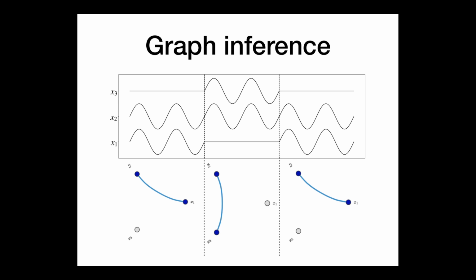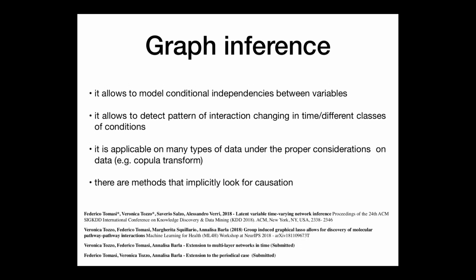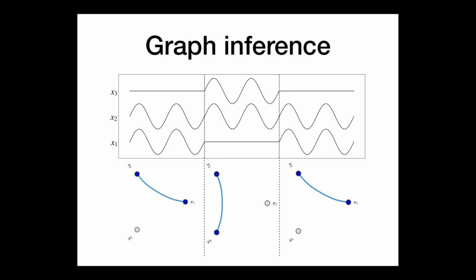So we like it. Why? For many reasons. Sorry, but what was the meaning of these blue lines? They are the connections between the variables of your system. So basically, you're trying to infer a graph representation of your system, and the variables are the nodes of the graph, and the connections.